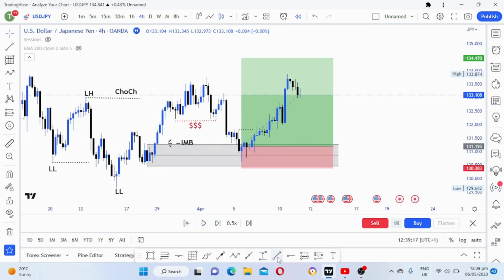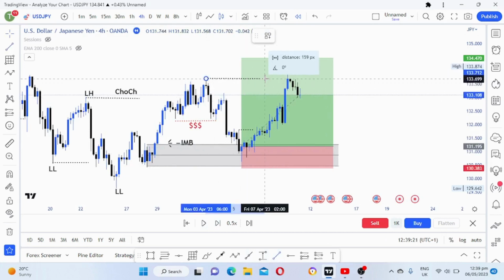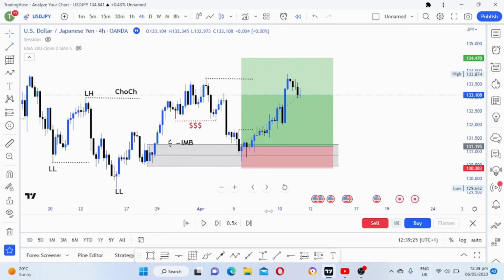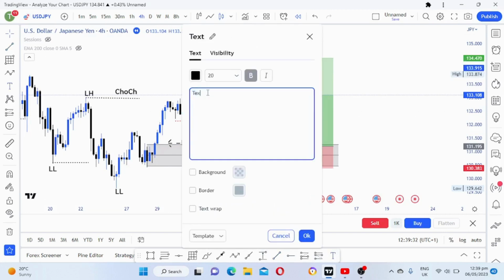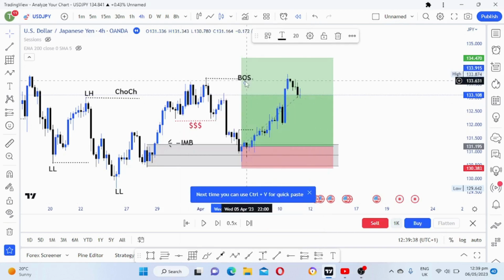Break of structure, where? Break of structure here. This is a break of structure, guys. BOS.